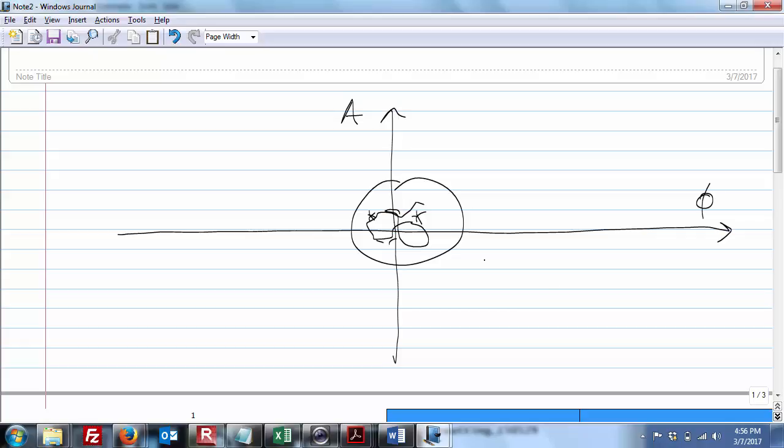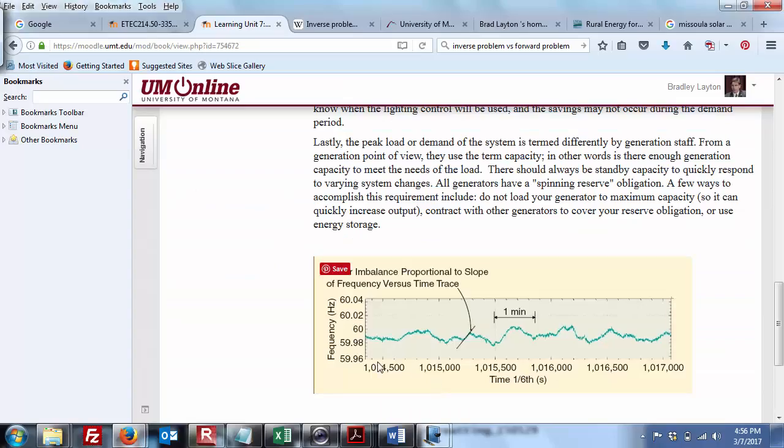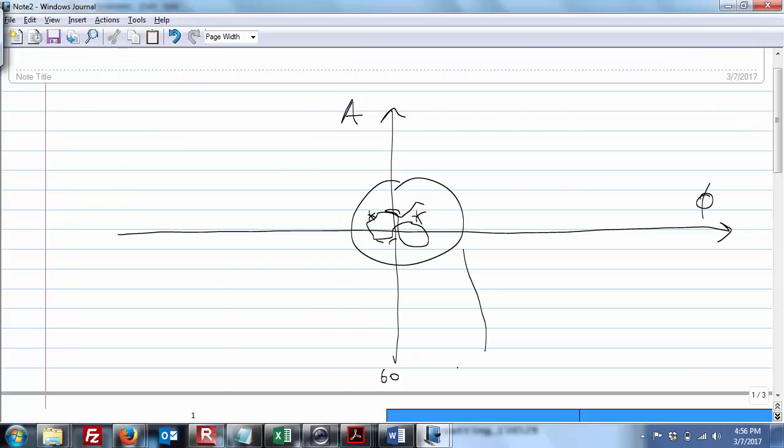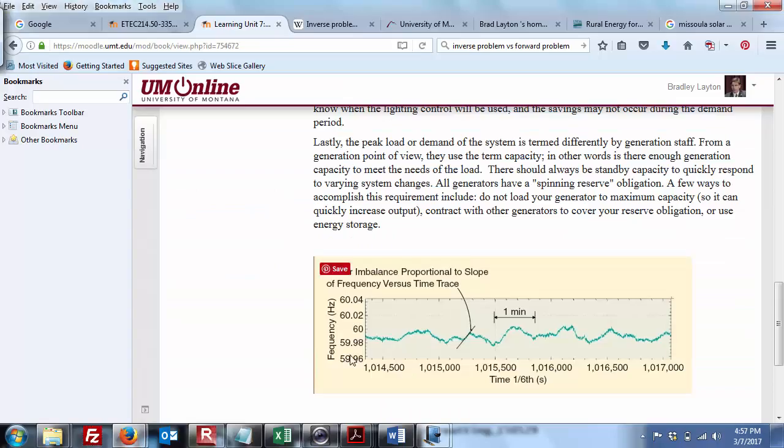In this case, I'm going to call this 60 hertz, and I'm going to call this one 60.01, so it's 1/100th of a hertz different, and this one 59.99. So that's what we're looking at on this graph: frequency as a function of time.